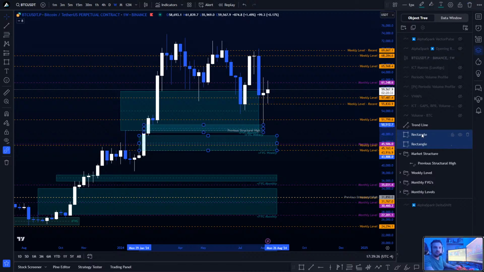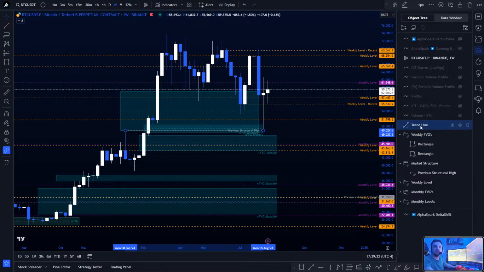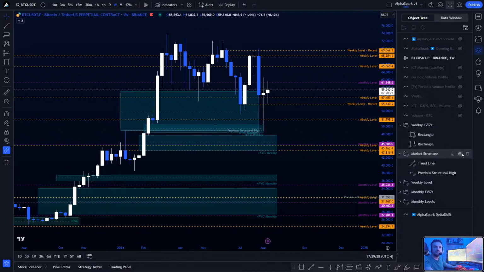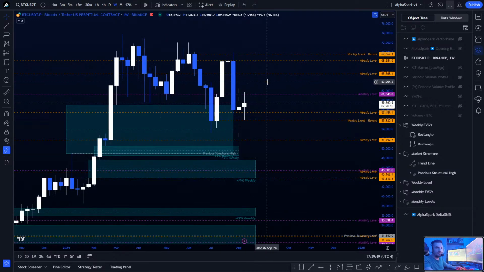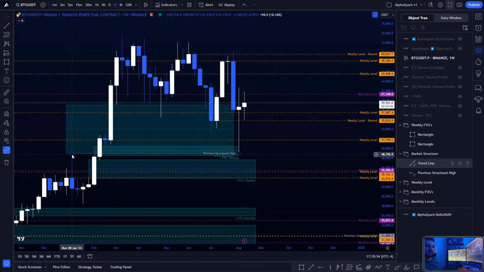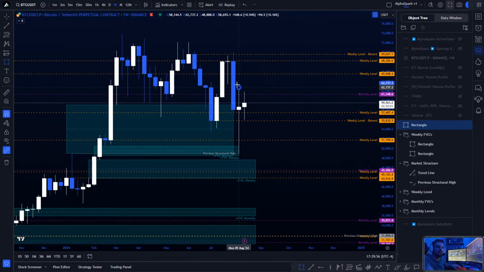So this is weekly FVGs. This is market structure. And now, speaking of structure, one thing that we have to consider is that if we touch this guy, at the very least, we should come back to this gap, okay?